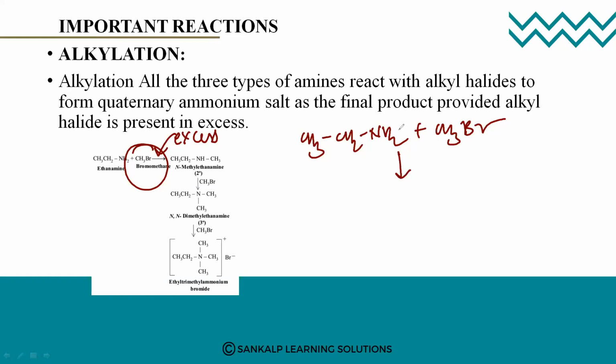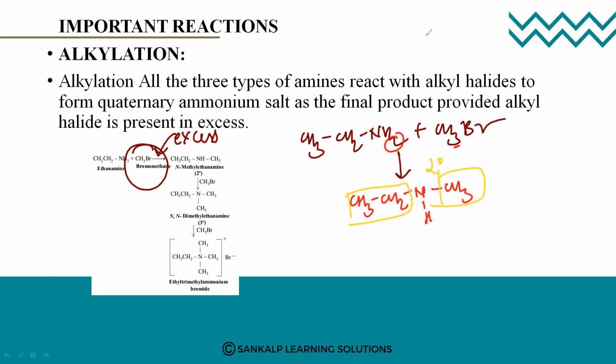So you obtain CH3CH2NHCH3. Now, this is a secondary amine, right? Two groups are attached, so a secondary amine is obtained.